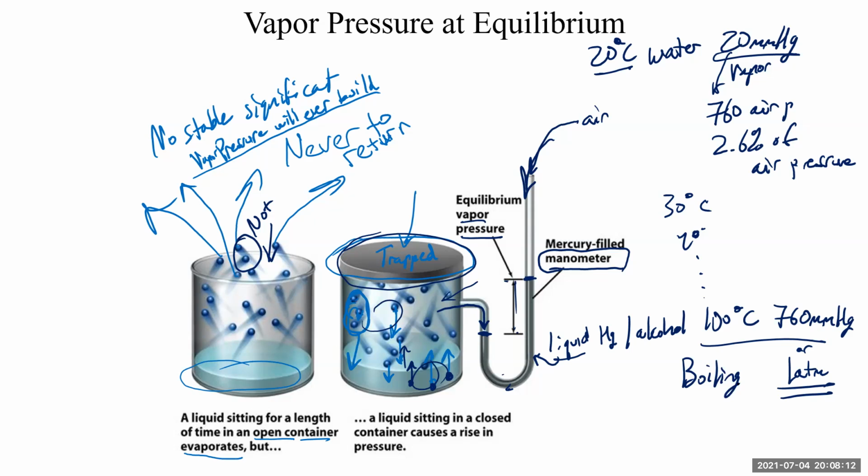The general boiling point is defined as the temperature at which a liquid's vapor pressure equals the local atmospheric pressure, wherever you happen to be.